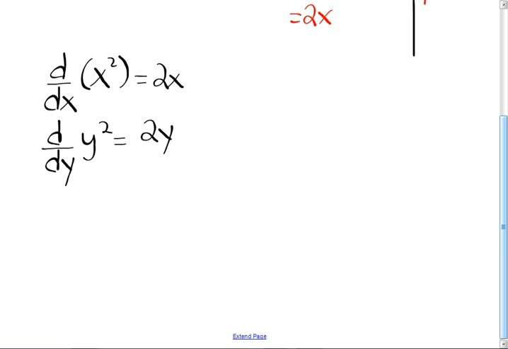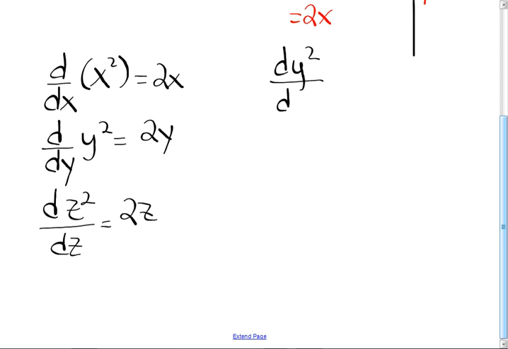Notice how I changed the problem. If I change the y value a little bit, how does the square of it change? And the derivative of z squared with respect to z is 2z.